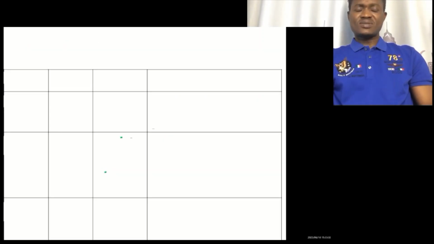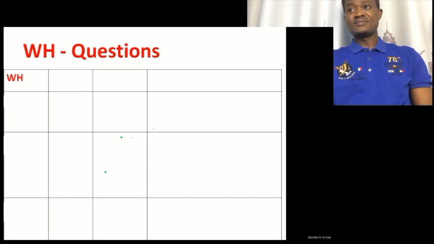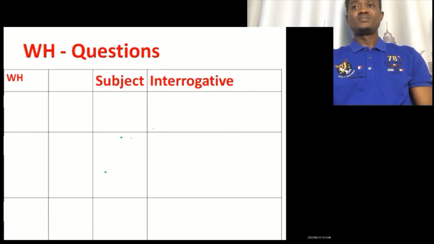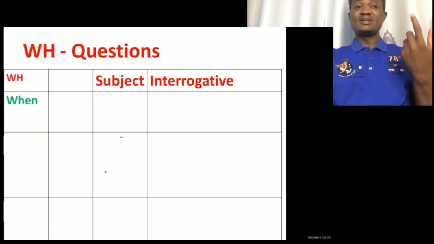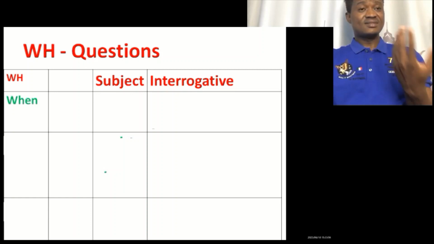Okay, let's talk about the double question, or wh-question. Interesting, man. No time to waste. Wh-question, subject, interrogative. We have a lot of wh-questions, and all of us know this is something basic.